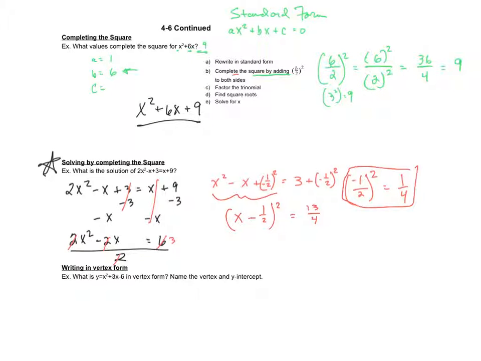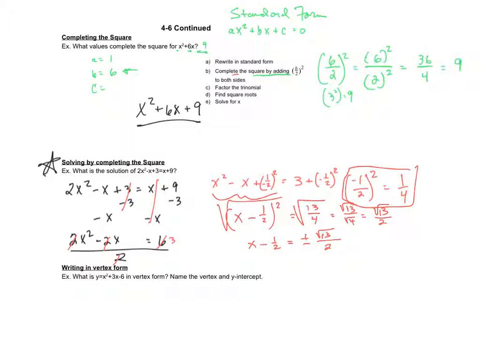And now I need to, of course, find the square root of both sides. So I have x minus 1/2 is equal to plus or minus the square root of 13 over 2. We know this is equal to the square root of 13 over the square root of 4, which equals the square root of 13 over 2. That's how I came up with that answer.